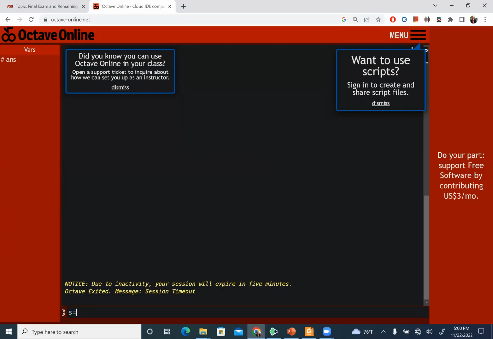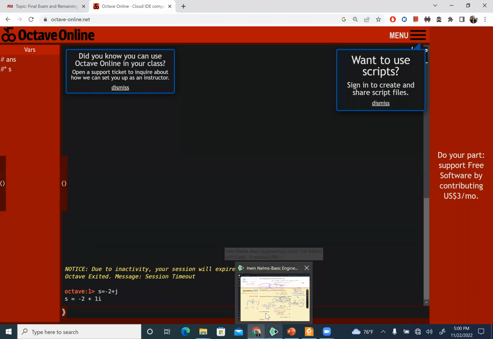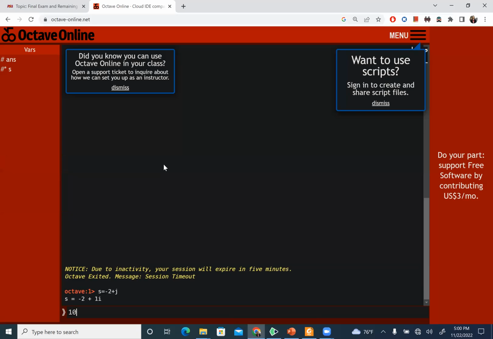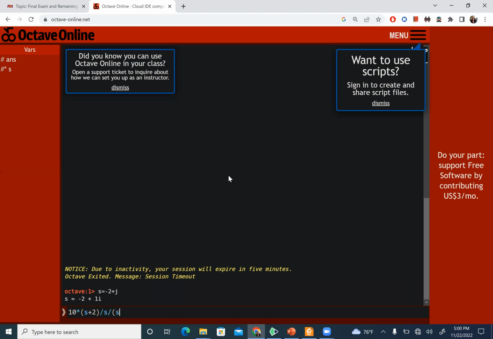And then we're going to calculate this ratio. 10 times S plus 2 divided by S divided by what we had there, which is S plus 2 plus J, right?